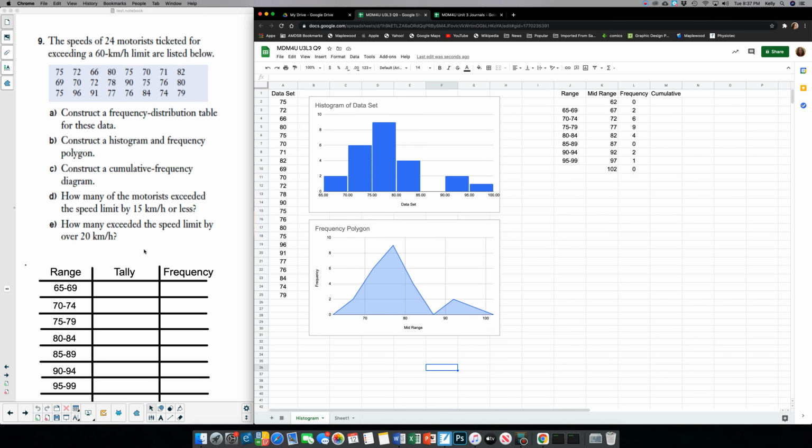Okay. Now the next thing it says, construct a cumulative frequency diagram. So we need to come up with the cumulative frequency here. This one starts here, so we're just going to put that equals this cell. And then this cell is going to equal this cell plus the one that came before it.